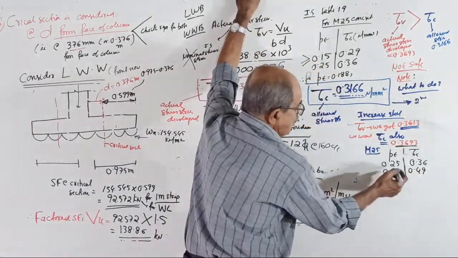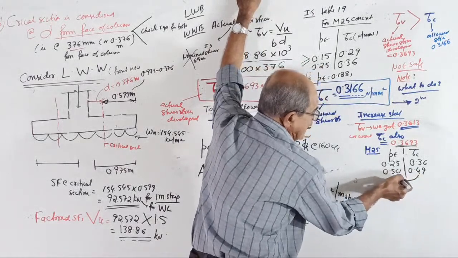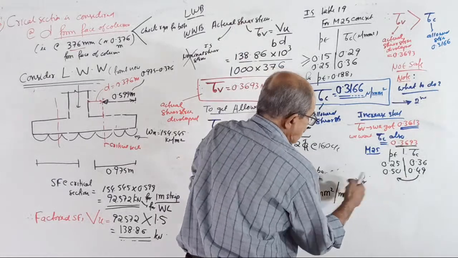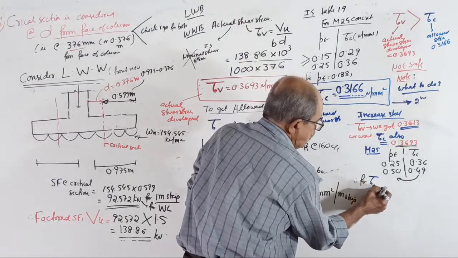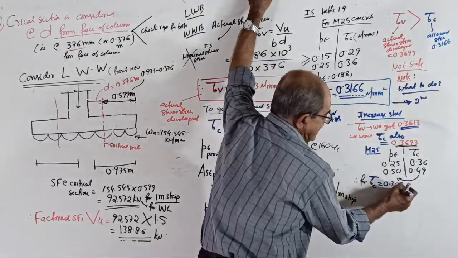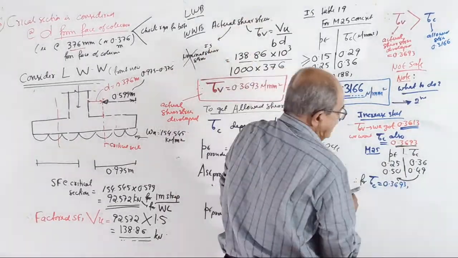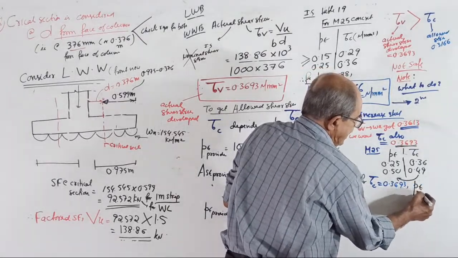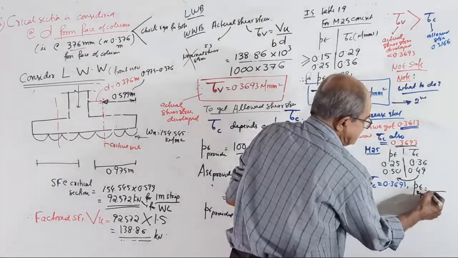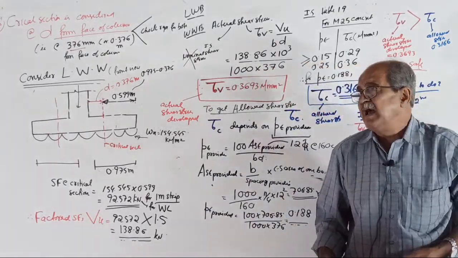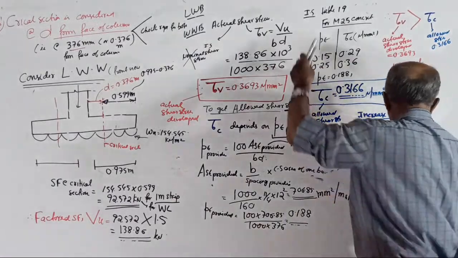Therefore, now see, you have to do reverse interpolation. Therefore, for your tau C to be equal to 0.3693, tell what is the PT required? Fast answer. Do reverse interpolation.